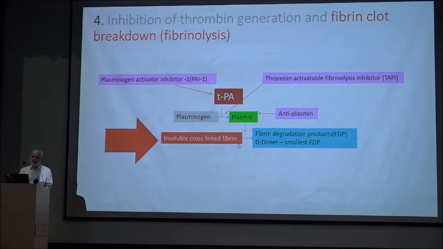We have insoluble cross-linked fibrins, then this degradation occurs, then fibrin degradation products are formed, and D-dimer is the smallest fibrin degradation product. It occurs by plasmin, which in turn is formed from plasminogen by tissue plasminogen activator, which in turn are inhibited by these two factors, plasminogen activator inhibitor and thrombin activatable fibrinolysis inhibitor.